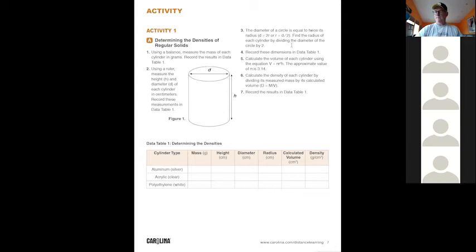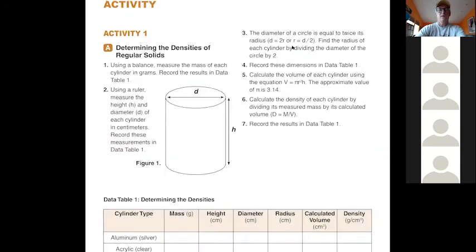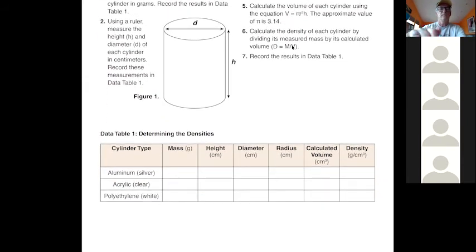I'm going to write down my measurements right on the screen here. Are all the cylinders going to have the same height and diameter?